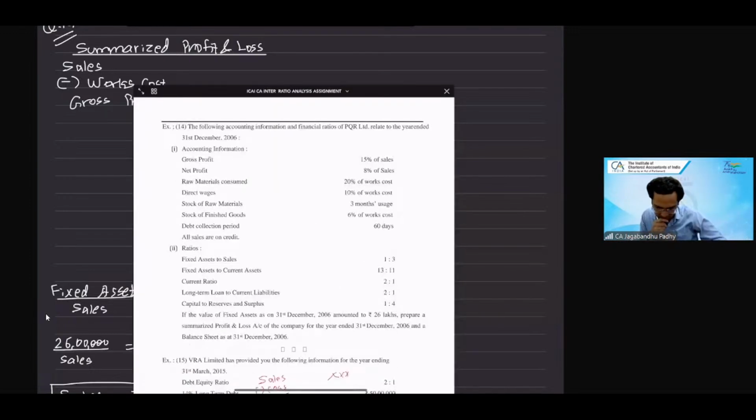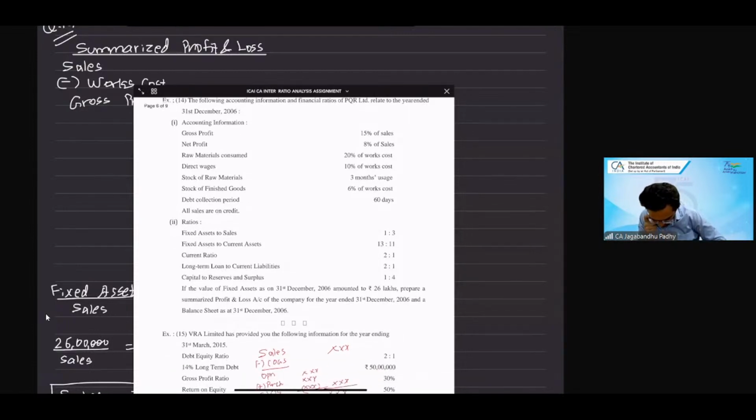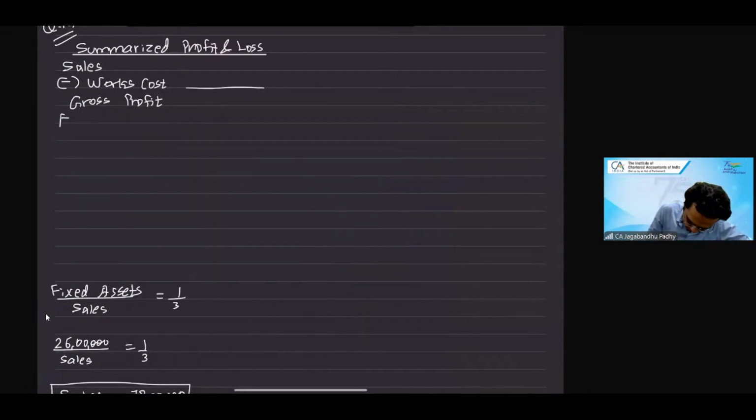So then we have like the other operating expenses, because gross profit is given, net profit is given. And do we have any sort of loan in this question? Long-term loan to current liabilities, yes, we have it, right? So from this gross profit we will subtract operating expenses.